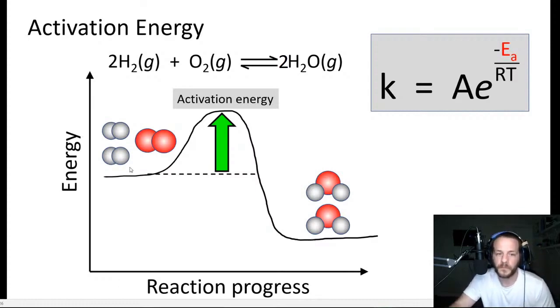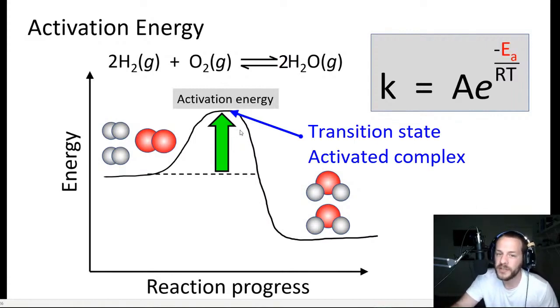Notice that even though this reaction is exothermic, energetically downhill so to speak, there's still an input of energy that must be made in order to get this reaction to go. That represents the activation energy, this maximum right here. This represents what we call a transition state or an activated complex.